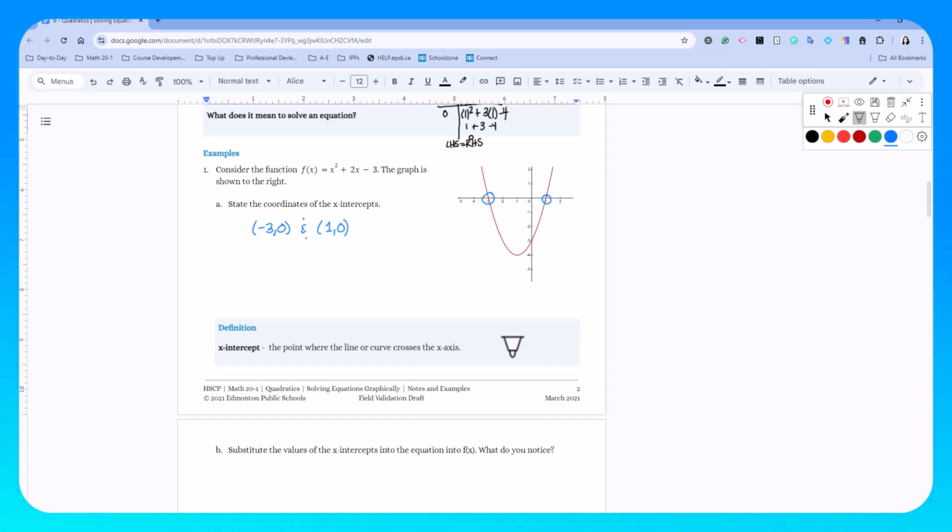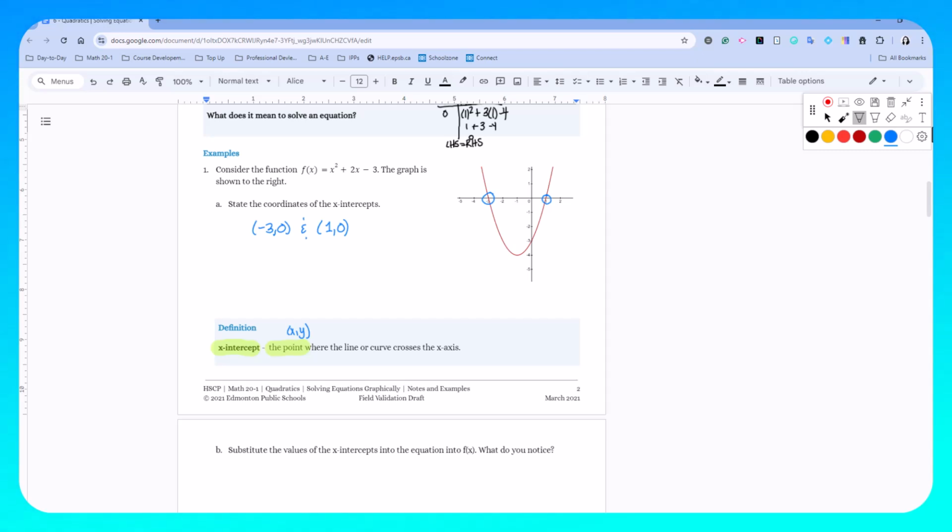And by definition, we know that an x-intercept is the point, so a point is an xy value, just to be sure, where the line or curve crosses the x-axis.